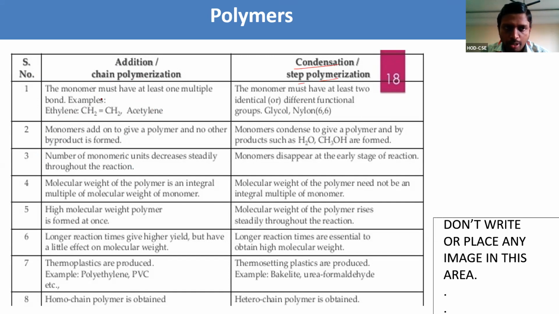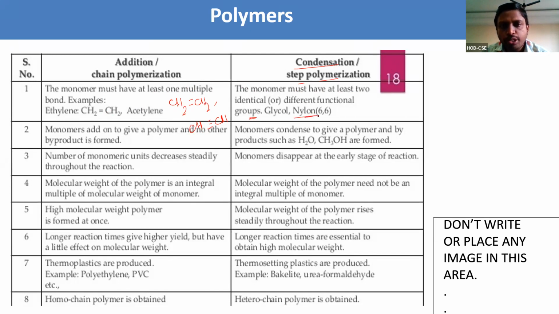In addition polymerization, monomers must have at least one multiple bond, meaning a double bond, such as CH2=CH2 ethylene, or a triple bond as in acetylene.